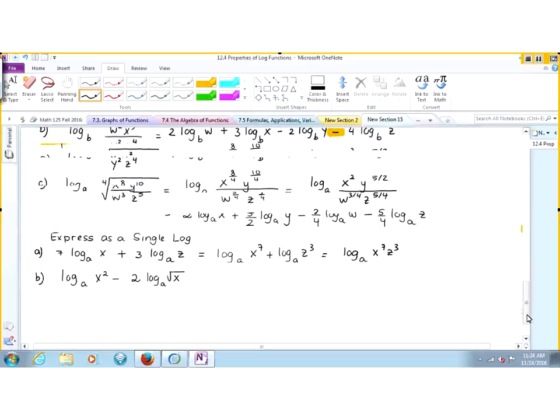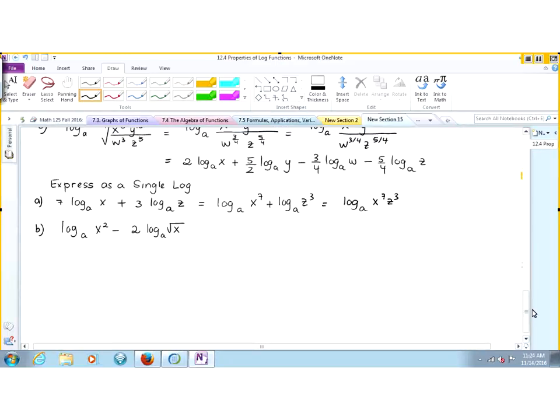All right. Sounds good. Now, would you be able to try the B? And then let me give you two more. So C, log base A of 2x, so this is 2 times x, plus 3 times log base A of x minus log base A of y.